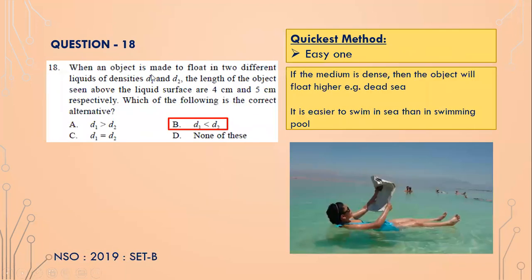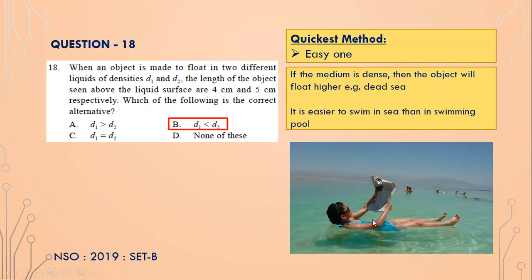When an object is made to float in two different liquids of densities D1 and D2, the length of the object seen above the liquid surface is 4 and 5. Which of the following is the correct alternative? So if the density is higher, the object will float higher, isn't it? If the medium is dense, the object will float higher. Like in the Dead Sea, look at this person.